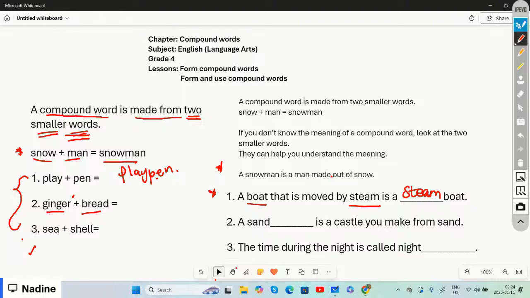The next one says a sand. A sand is a castle made from sand. A sand what is a castle made from sand?